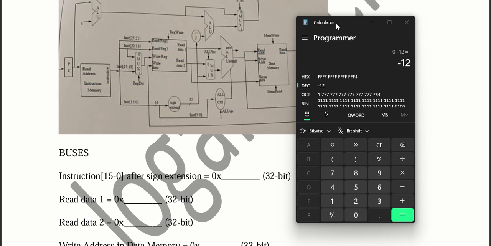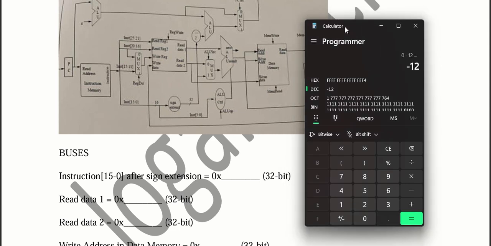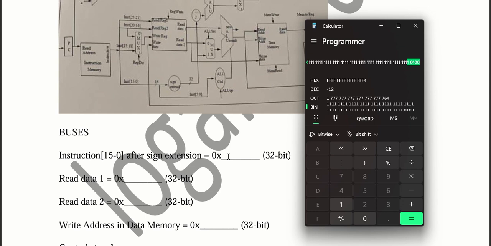So at the end of the day, we are just looking for minus 12 in binary, right? As you can see, forget about the sign extension. There are a lot of ones, but it looks something like 10100. That's minus 12 in binary. However, you realize that here they put 0x there. What it means is that they want your answer in hexadecimal, right? And that's the answer in hexadecimal.